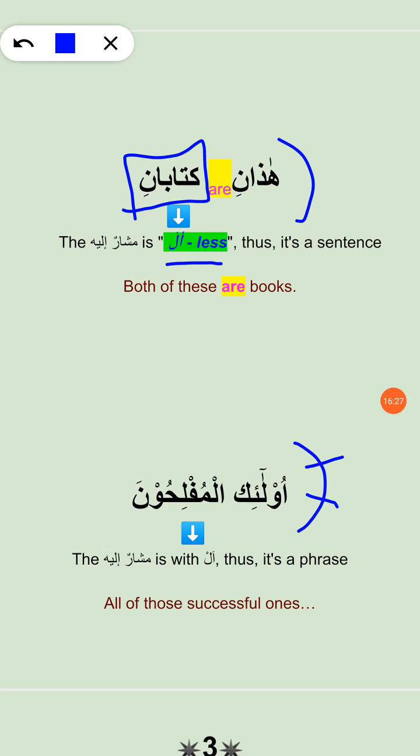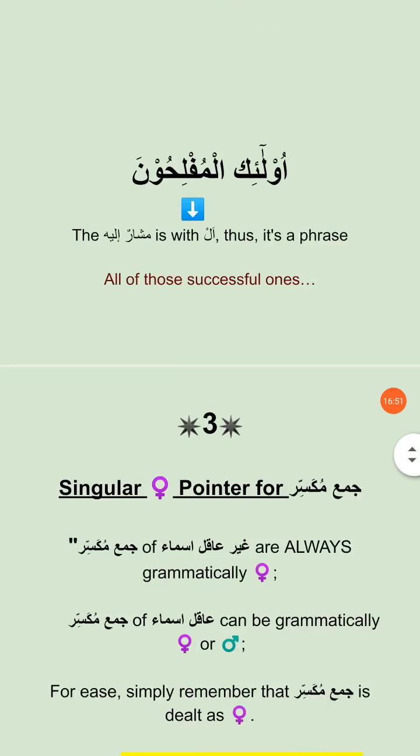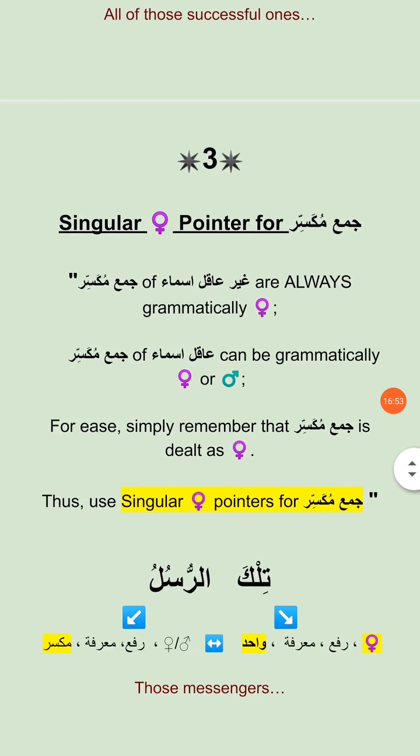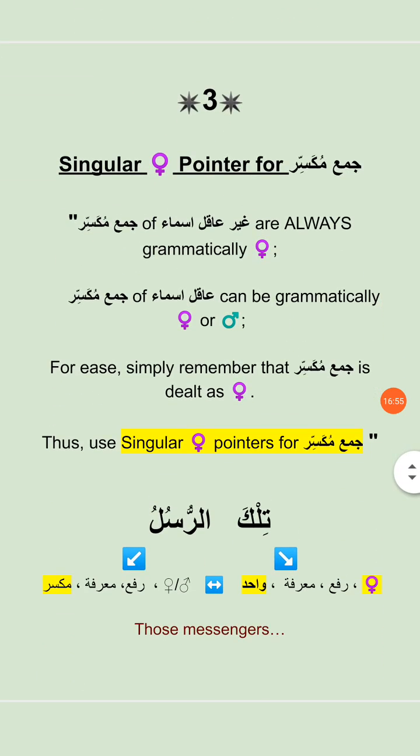All right, so over there we have hum in between these two, but we are going to cover the importance of that hum in the next section, inshallah. Okay, so at the moment, just remember ulaika al-muflihuna, all of those successful ones. And since this muflihuna, the musharun ilayh here, is coupled with al, of course that means it is a phrase and not a sentence.